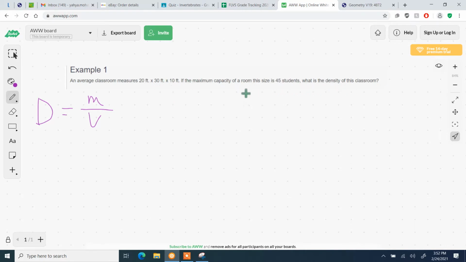Here we could think of not the amount of mass per space, but the amount of students per space. So instead of mass, what am I going to use? Which one is the amount of stuff in that space? It's the number of students, 45 students. So on top, I'm going to put 45 students.